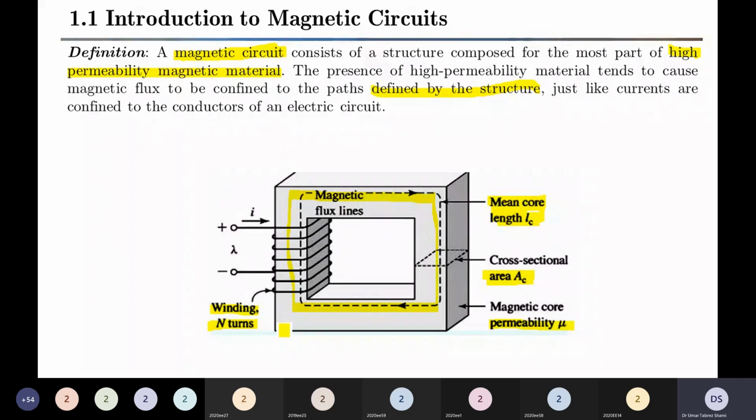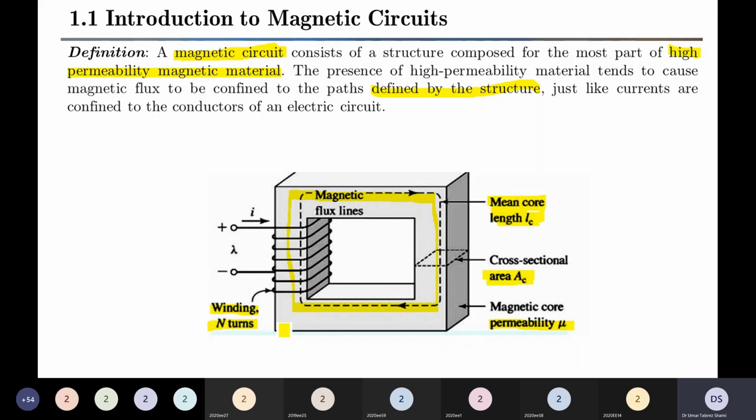Why are we considering the length? Because, as we stated, the flux lines always follow the structured path of the material. Whatever the structure of the material, the flux lines pass through that well-defined material path. The length that our flux will cover is used to define the MMF.